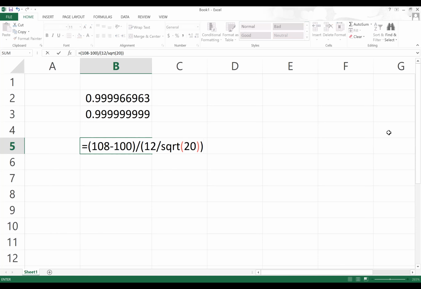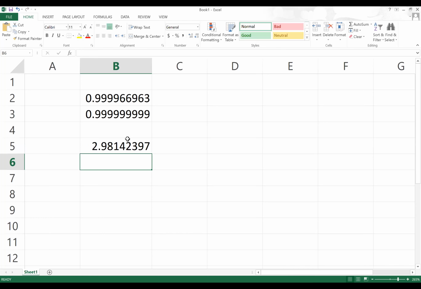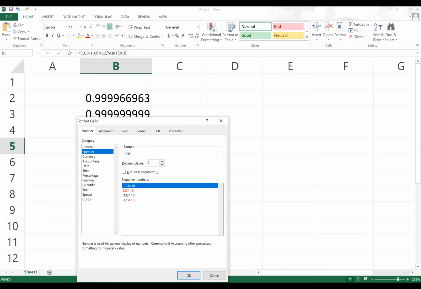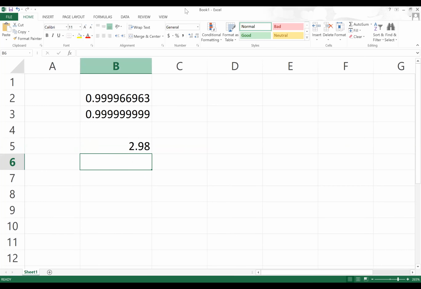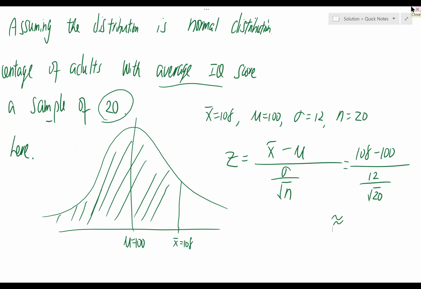If we enter, you get a result. Remember, we round to 2 decimal places, format cell, 2 decimals. So this turned out to be 2.98. The corresponding z-score here will be 2.98. So we converted the average IQ score of 108 to the z-score of 2.98.